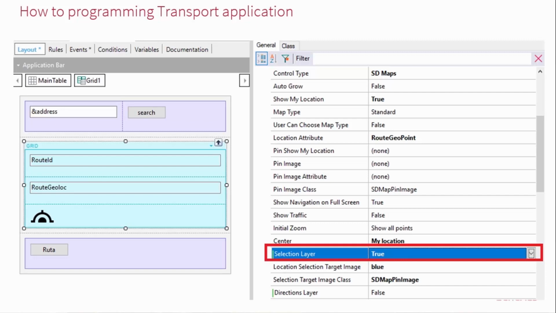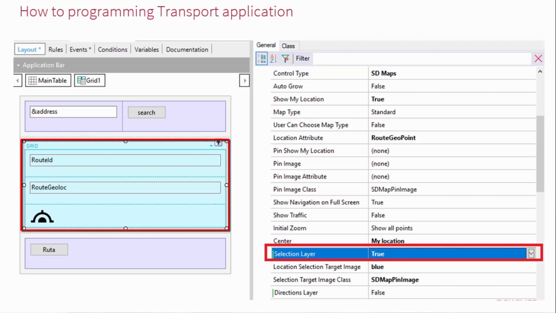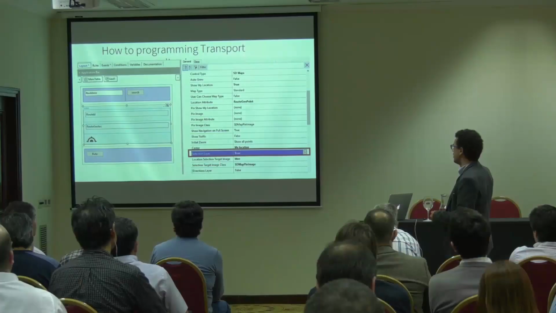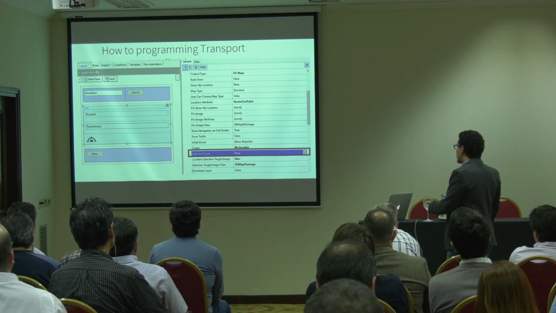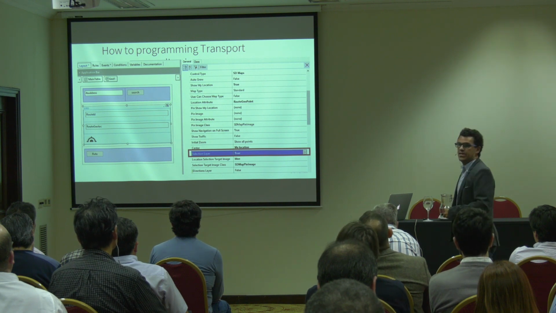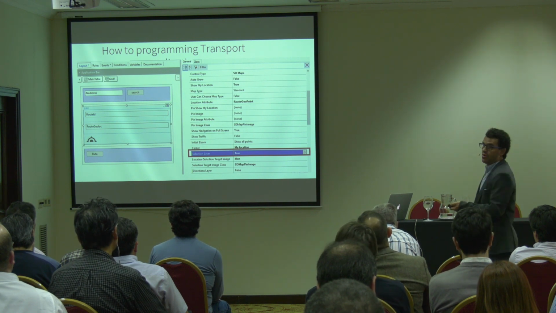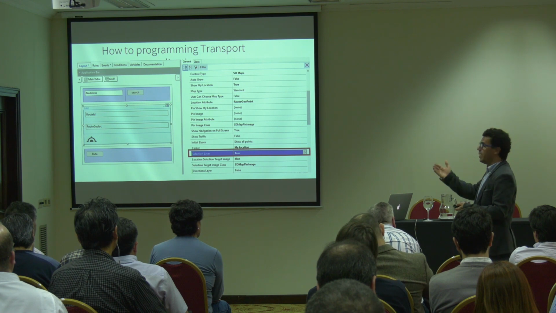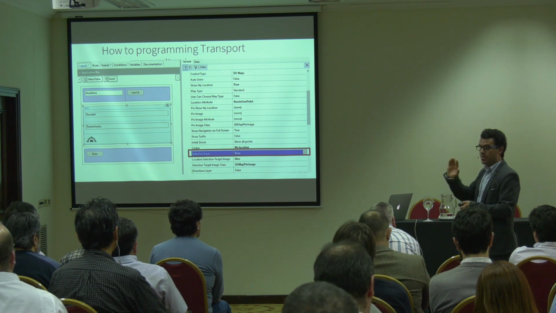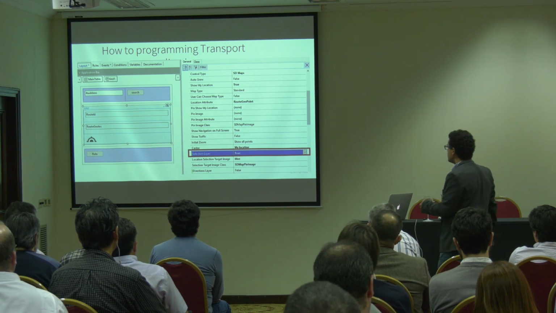And I put in a grid in an SD panel. This is the search, which is geocodification. That's something we've had for quite some time. And that grid includes the selection layer as a property. So when I open the panel, I'll have the icon in the center, and I will be able to move.